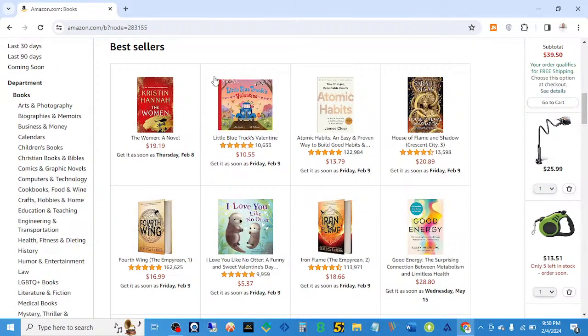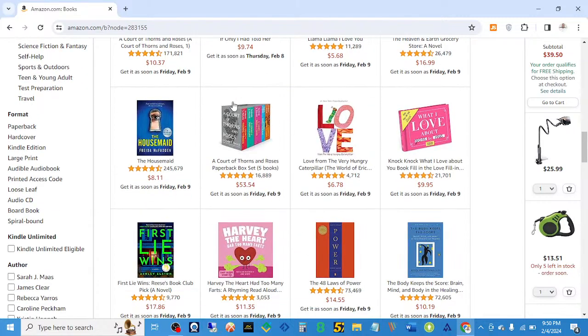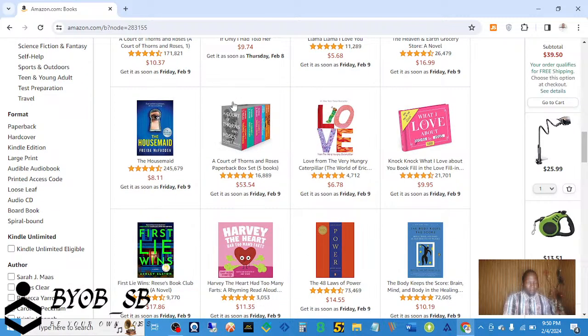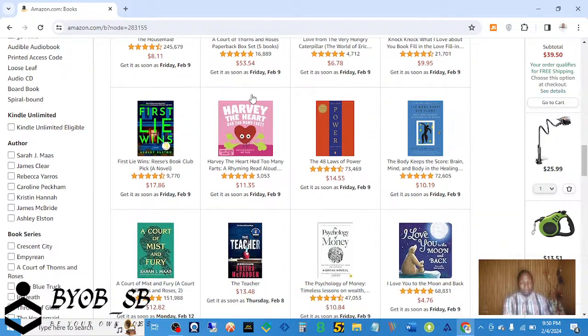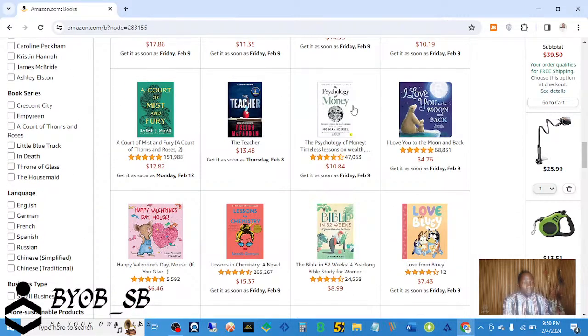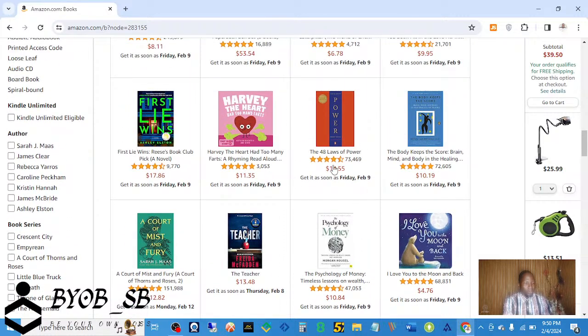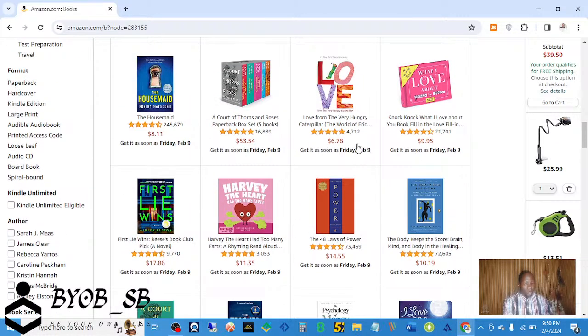These are bestseller books. So let's pick some of these books. We want to do some little calculation.